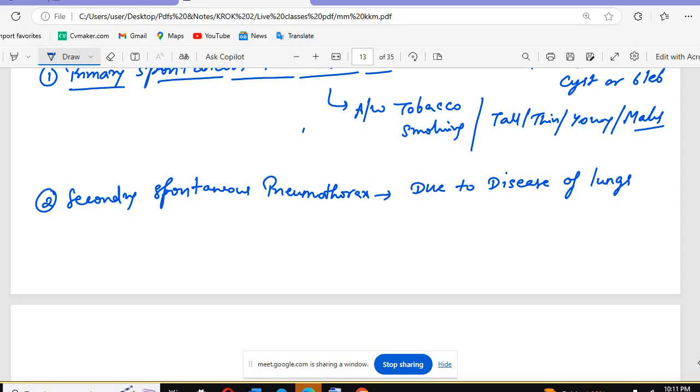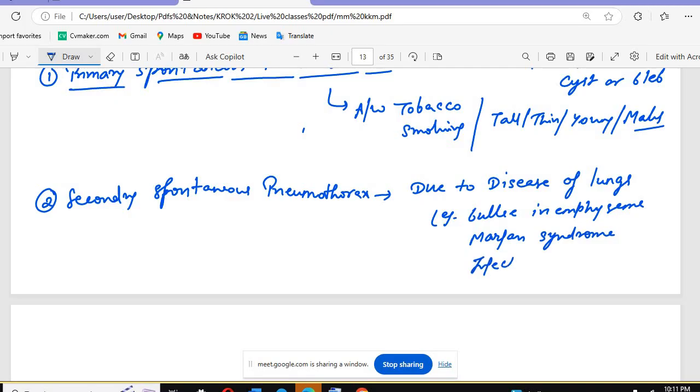For example, we have bullae in emphysema. If that ruptures, it will cause secondary spontaneous pneumothorax. Marfan syndrome also, and any other infections will cause spontaneous pneumothorax.